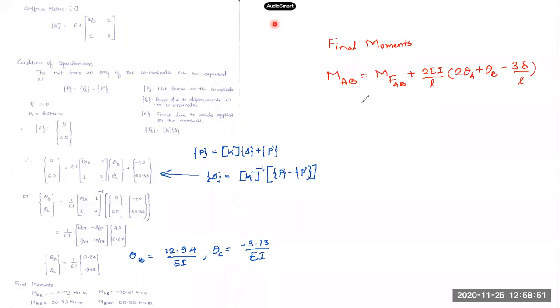There is no settlement taken here. If you use these equations for AB, BA, BC, CB, you will get the final moments.